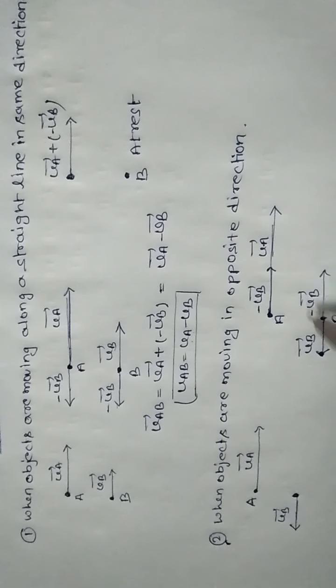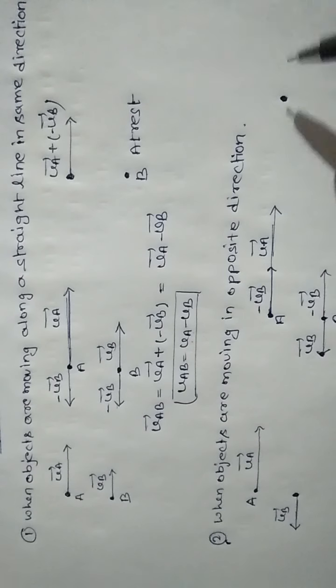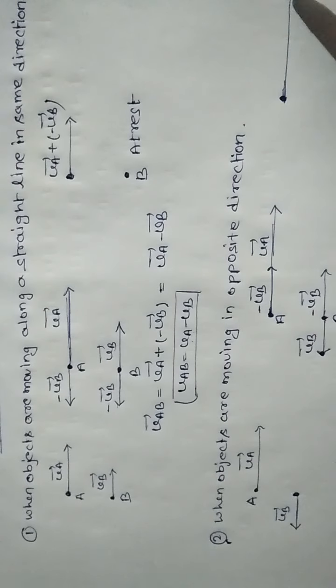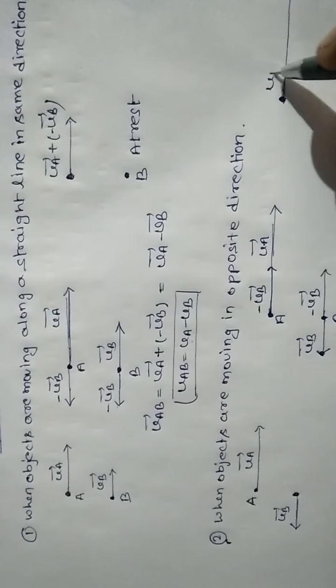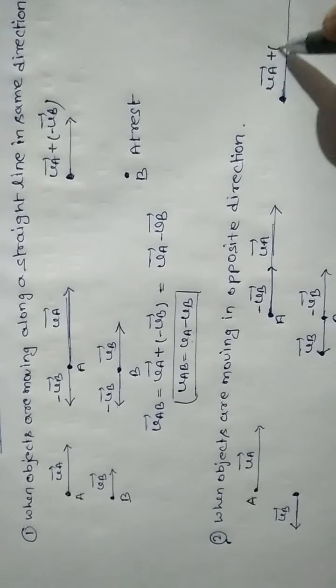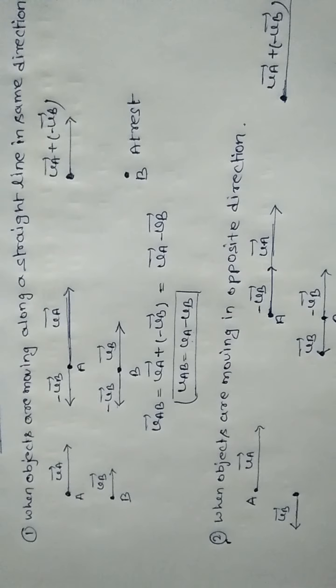Now by superimposing the velocity minus VB on VB, the B will come at rest, and A will acquire the velocity which is equal to VA plus minus VB. Now the object B can be considered at rest after superimposing this velocity.